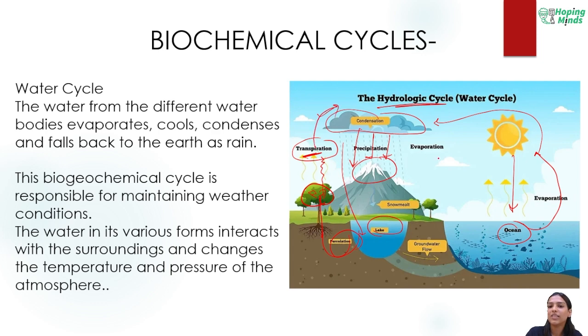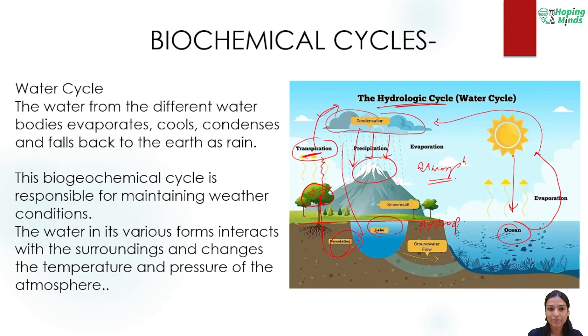So all of this that is happening is the water cycle. Everything happening below the surface of the earth and in water is what is happening in the hydrosphere. The rest of it is happening in the atmosphere.